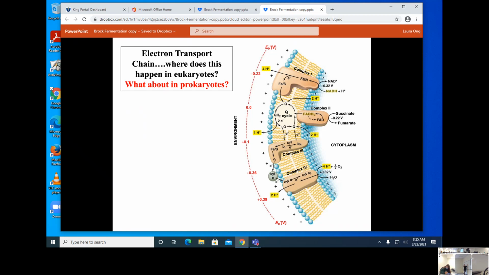So we're going to have some kind of electron transport chain that pumps protons outside the cell, and the protons run back through ATP synthase, and ATP synthase is converting ADP and inorganic phosphate into ATP.